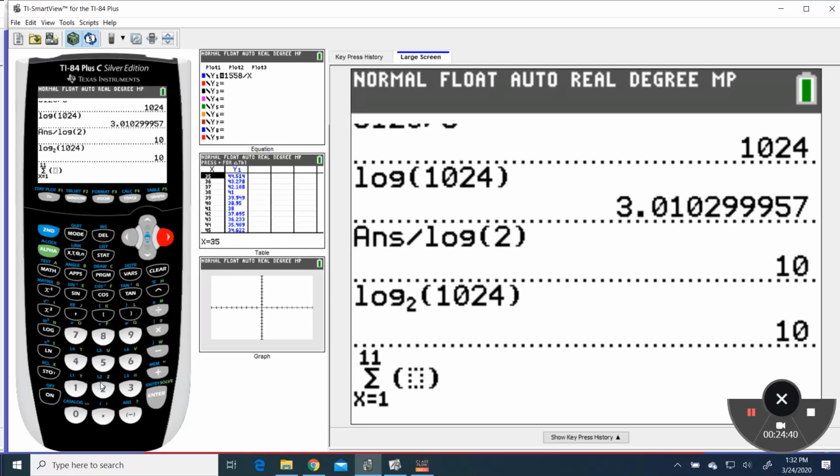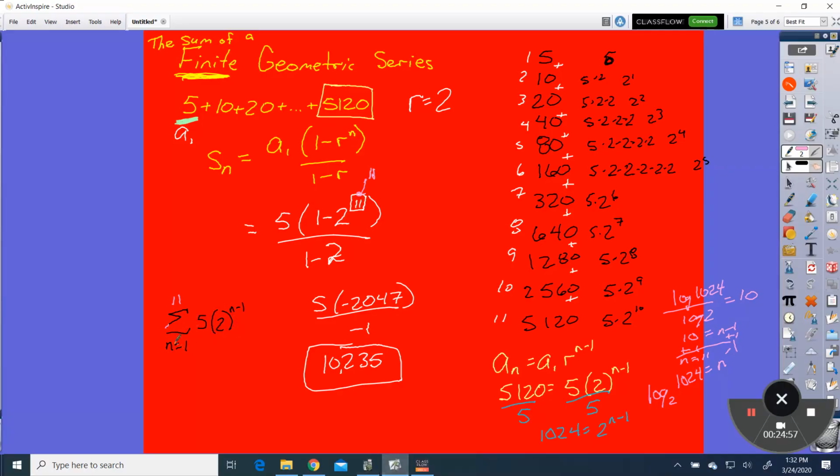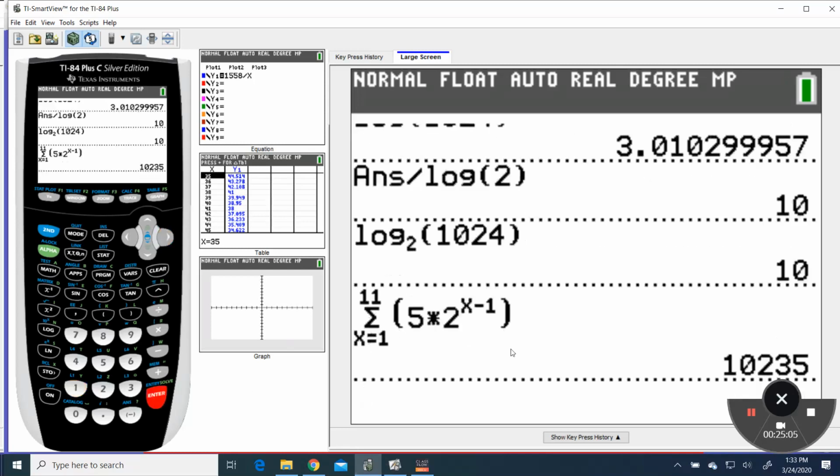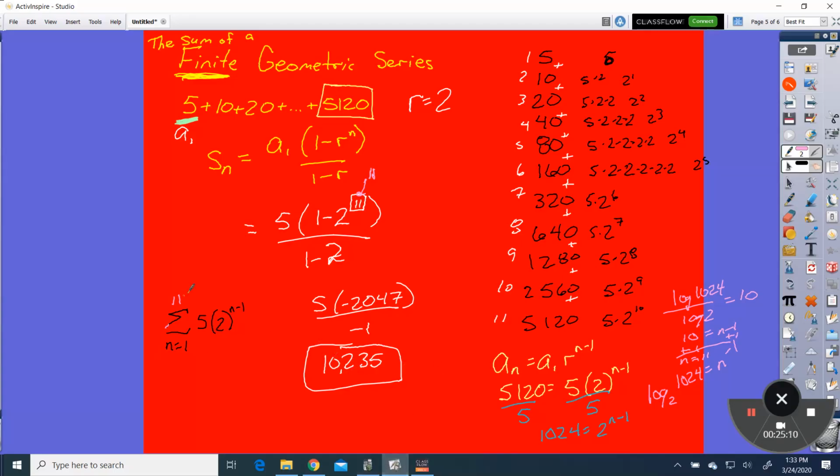And then my first term was 5 times 2 to the x minus 1. So that's just typing in this formula. Instead of an n, I just used x. Okay. It tells me it's 10,235. So much shorter way once you can figure this out.